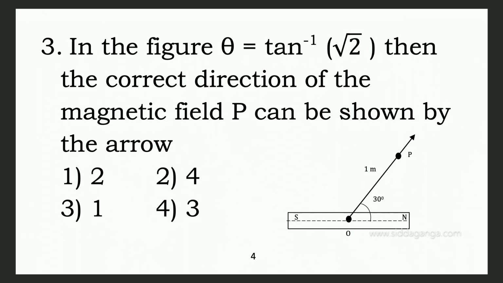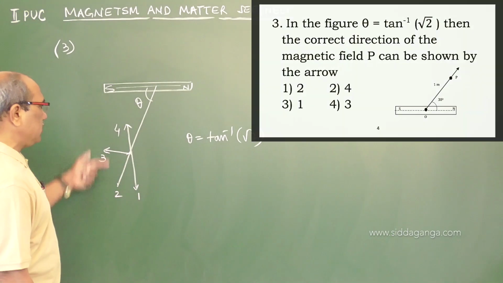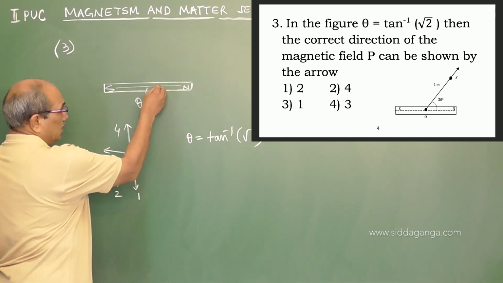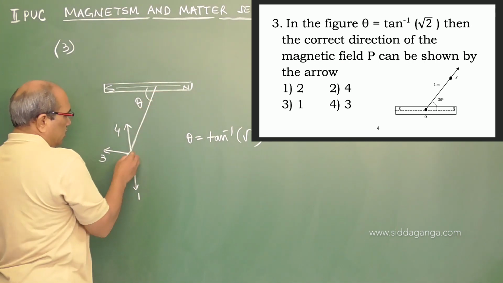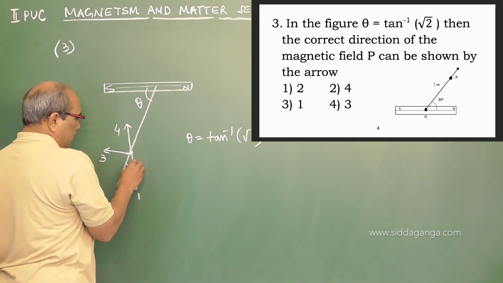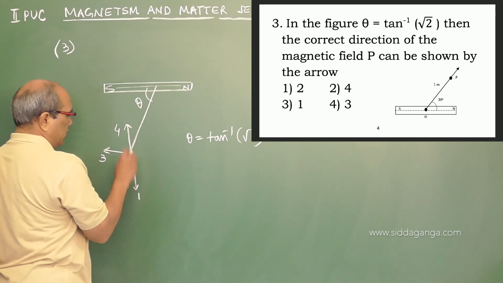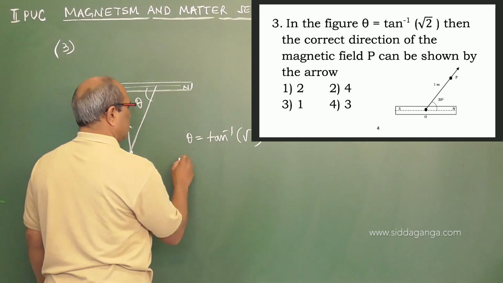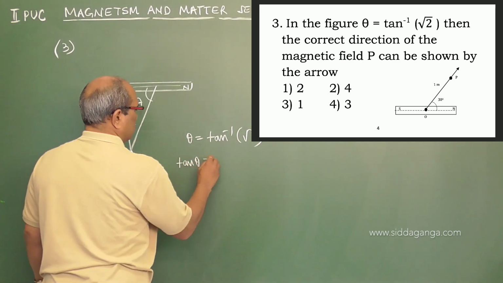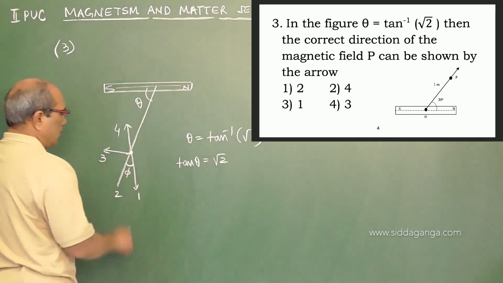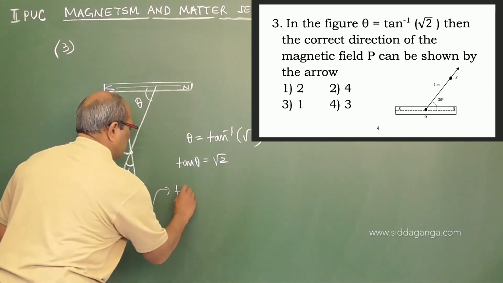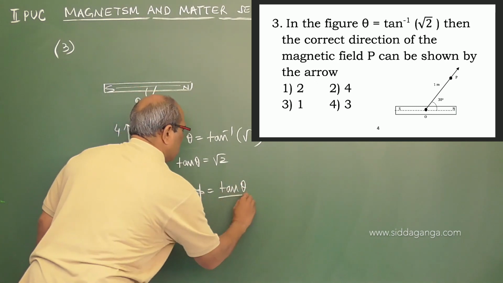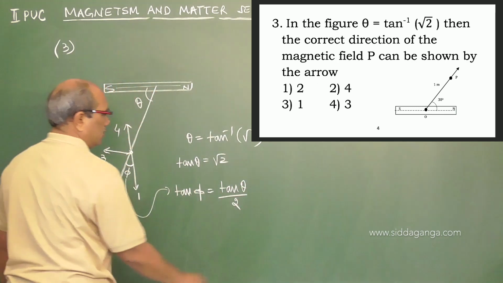So the arrow you have to search here, out of these, which one is right we have to think. So this is the line joining, you imagine that angle made with respect to that is phi. We have to find phi, we have a relation here tan theta is equal to root 2. Again this angle phi can be measured as tan phi is equal to tan theta by 2 in a general equation we studied.